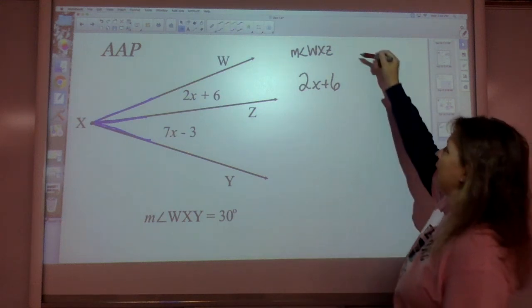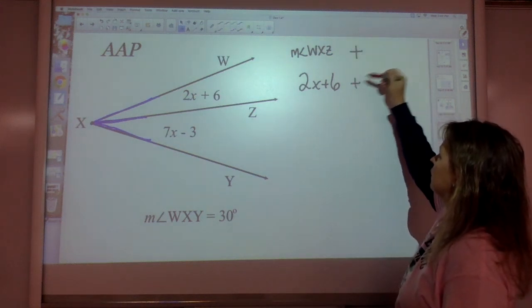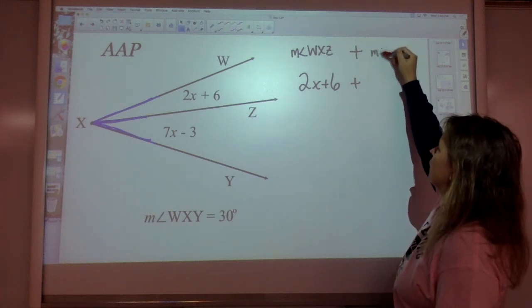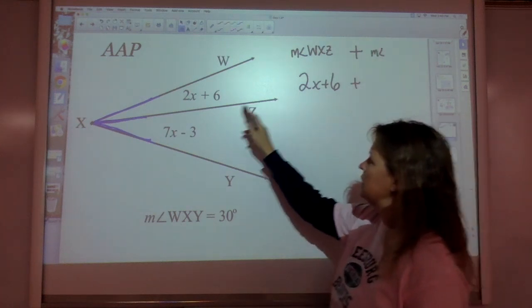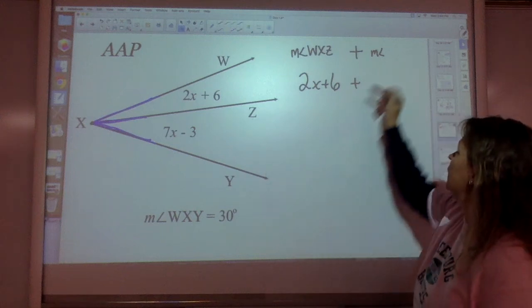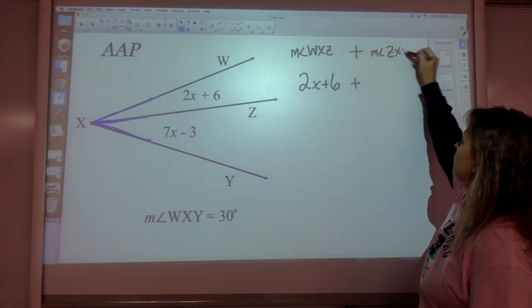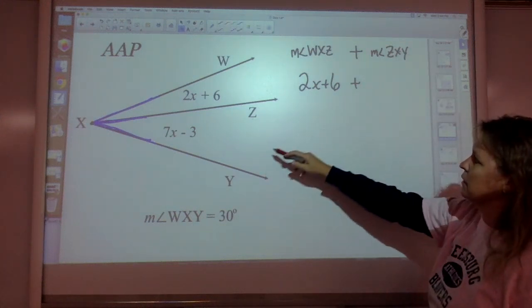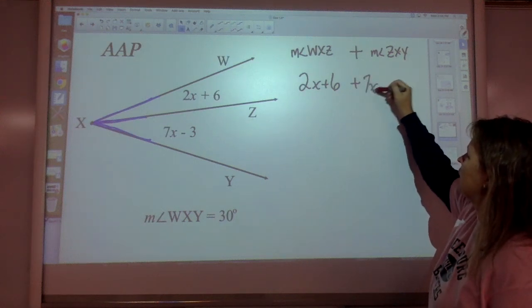I'm going to add that to the measure of angle ZXY, and the measure of angle ZXY is 7x minus 3.